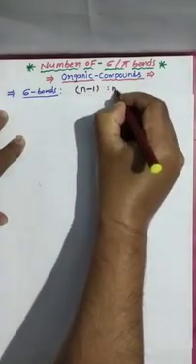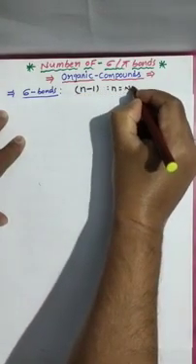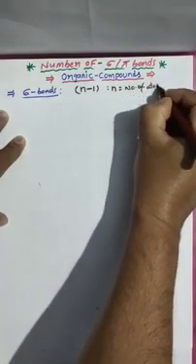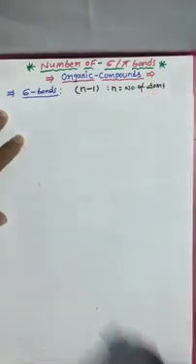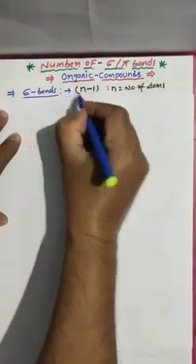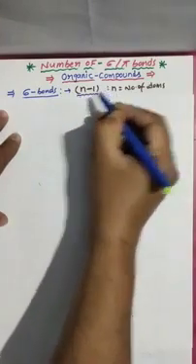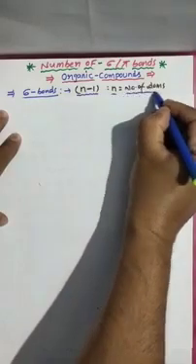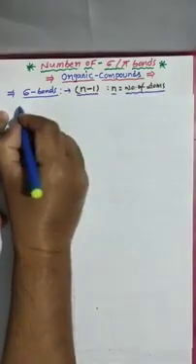Here n equal to number of atoms. Clear? What is the formula? N minus 1 to calculate sigma bonds, where n stands for number of atoms.